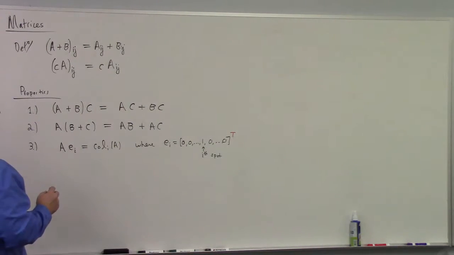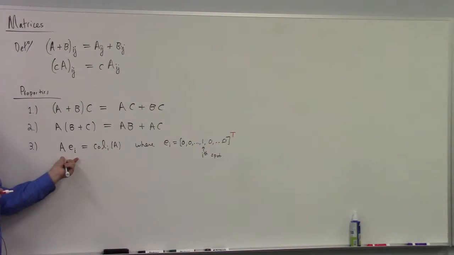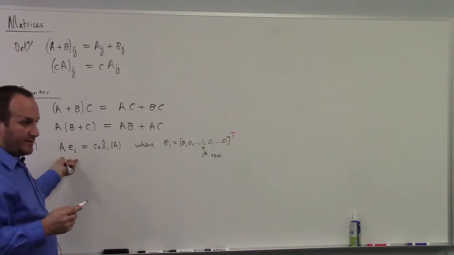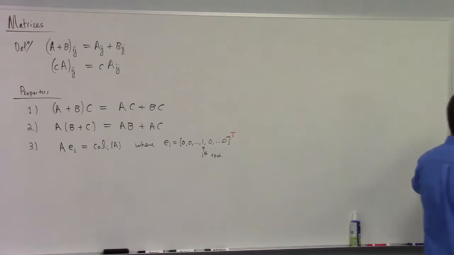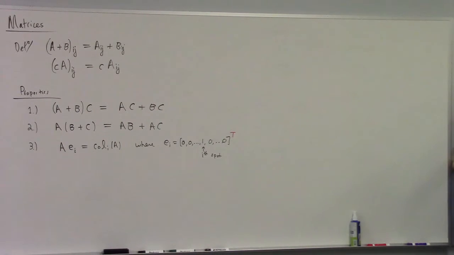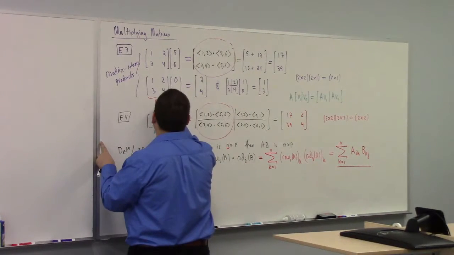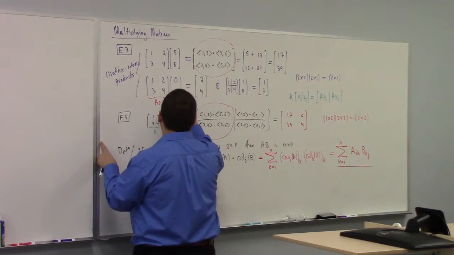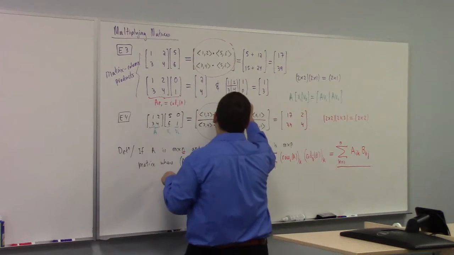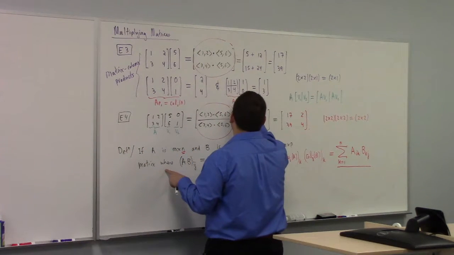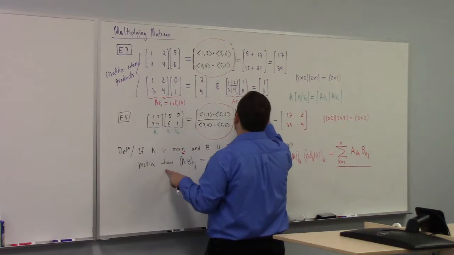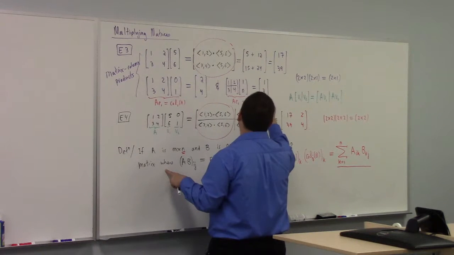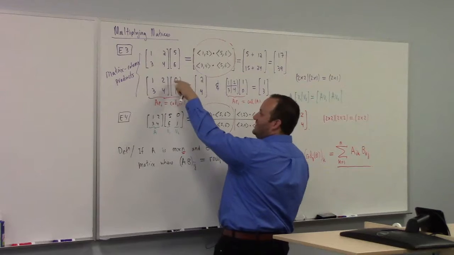And we've seen this three in action in the example we just worked. This right here was A times E_1 is equal to column 1 of A. And this right here, that's not E_1, this is E_2.